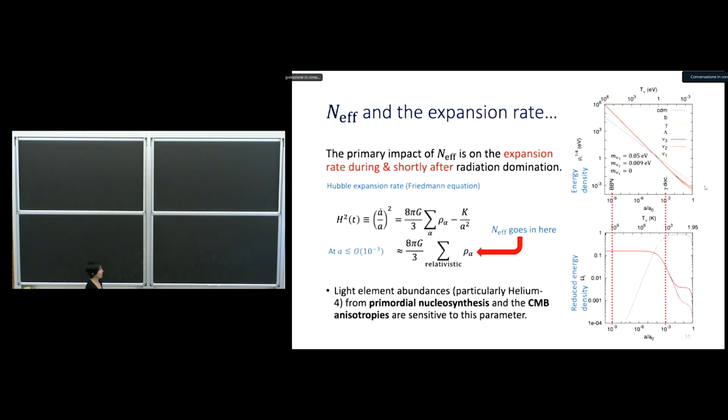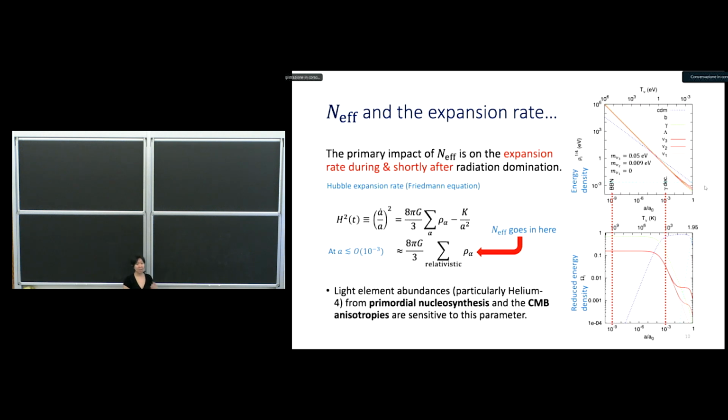Right. Now, why is N effective interesting and why is it relevant for cosmology? Well, first of all, what you're doing really if you increase or decrease N effective is that you are increasing or decreasing the energy density in light relativistic stuff.